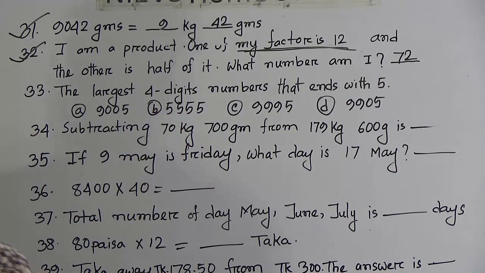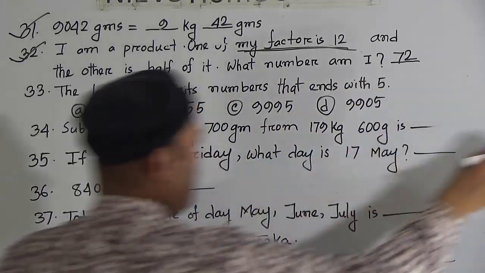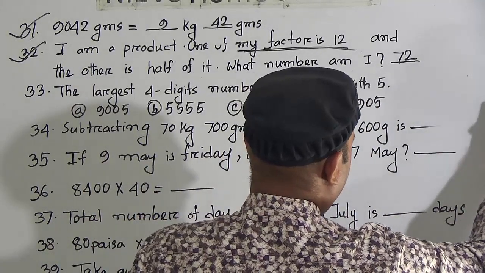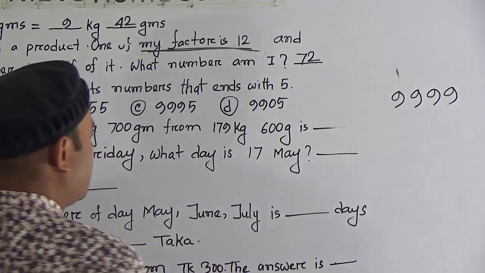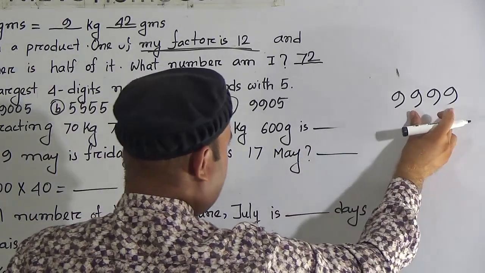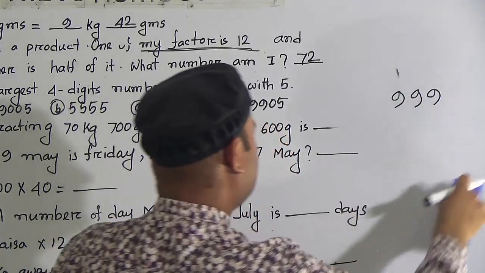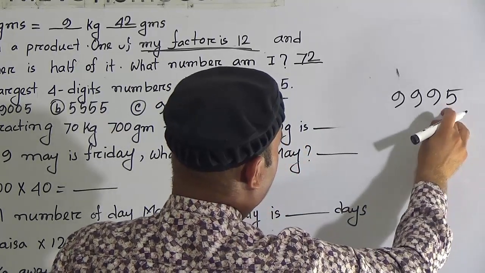Now question number 33: the largest 4-digit number that ends with 5. We know that the largest 4-digit number is 9999. The question is the largest 4-digit number that ends with 5. So we write 5 instead of 9 in the ones place.